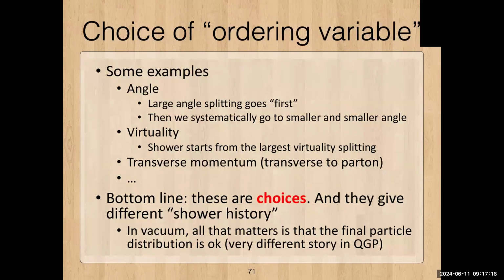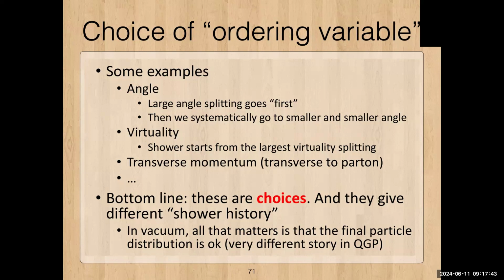One thing I want to emphasize is that there is a choice of ordering variable in this process. We have to choose some variable to evolve things from. For example, angular ordering is another popular choice. In this case, when you split things, large angle splits first, and then subsequently you split into smaller and smaller angles.